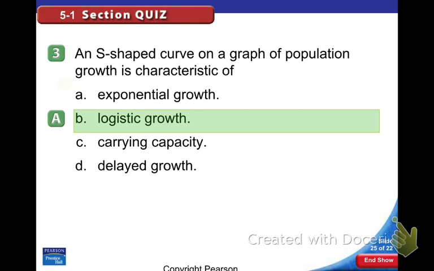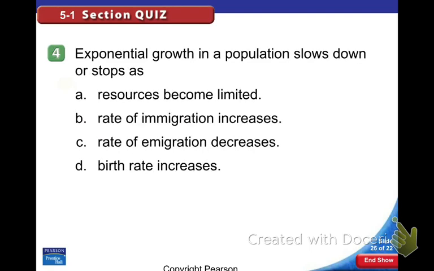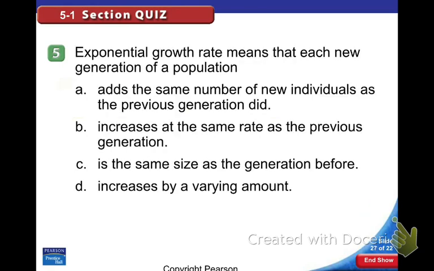What do we call it if it's a J-shaped curve? Yep, exponential growth. Exponential growth in a population slows down or stops as a resource becomes limited. Exponential growth rate means that each new generation of a population increases at the same rate as the previous generation.